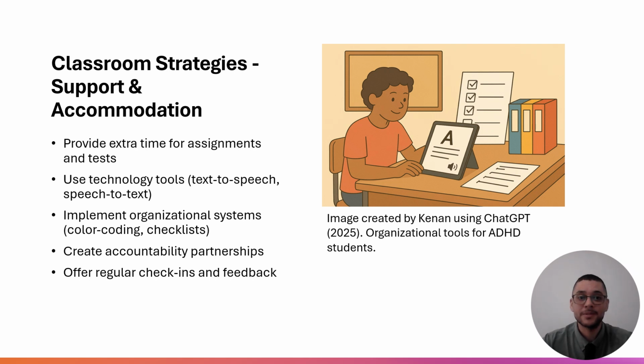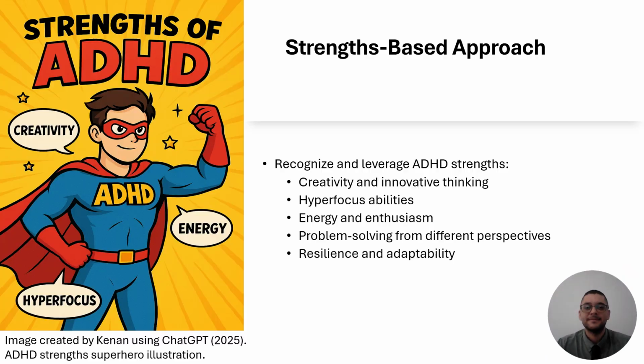Accountability partnerships, pairing students or having teacher check-ins, provides external structure. Regular feedback is crucial, especially positive reinforcement for progress and effort, not just results. These supports don't give unfair advantages. They level the playing field and allow students to show their true capabilities.